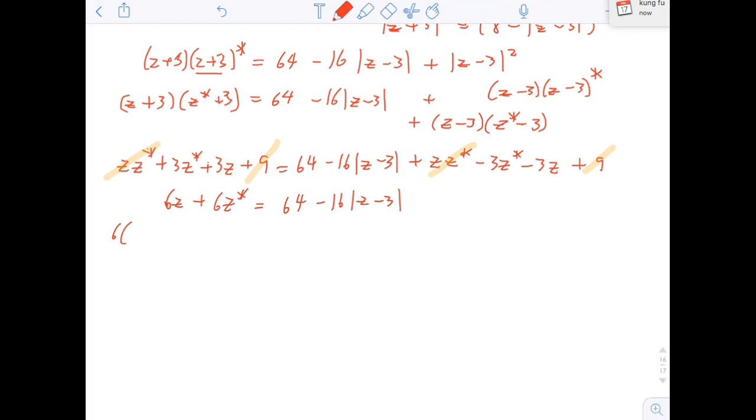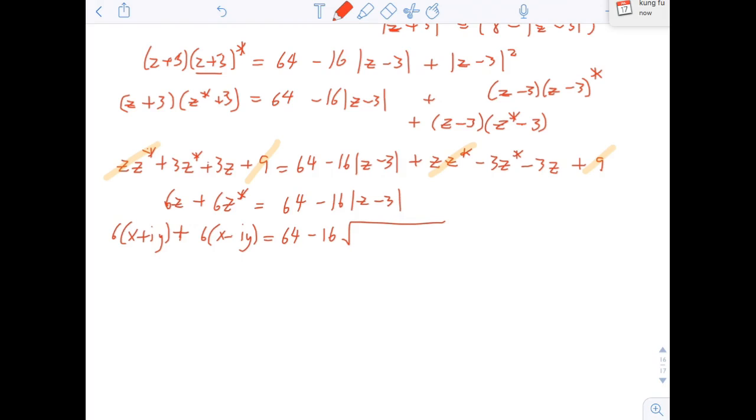So this will be 6 times x plus iy plus 6 times x minus iy equals 64 minus 16 square root.